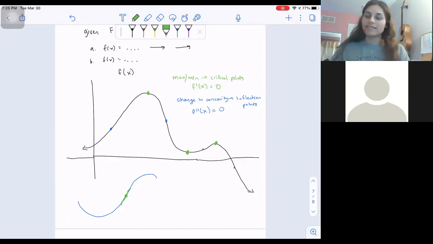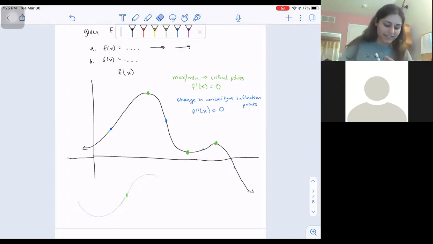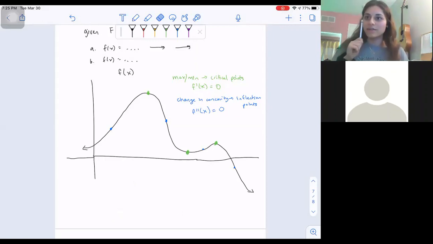When the second derivative equals 0, that's telling us that the slope is not changing. The slope is constant when the second derivative equals 0. If the slope is constant, we have a straight line. That's why your inflection points are when the graph is a straight line. Okay, so it's all connected if you can just make those connections. I don't think that's necessarily required for this class, but it's a really great concept to know.